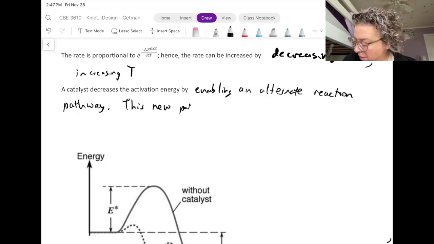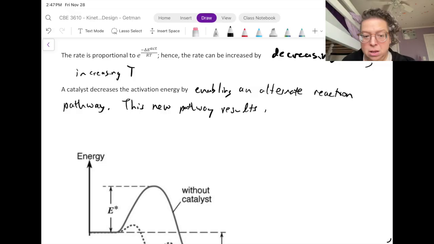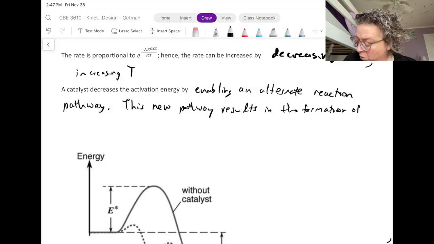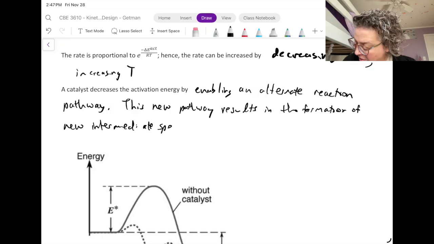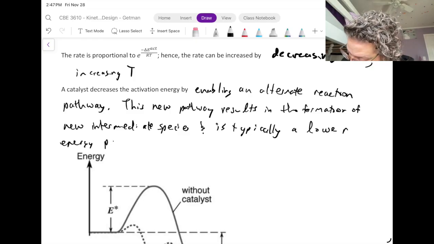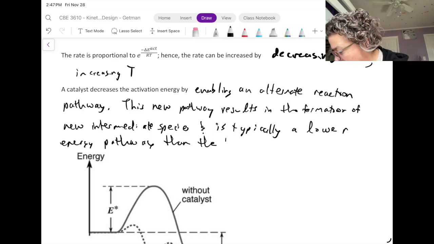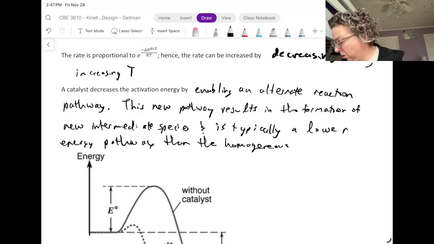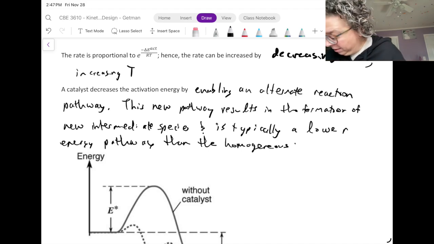This new pathway results in the formation of new intermediate species and is typically a lower energy pathway than the homogeneous reaction. Actually, let's say the uncatalyzed reaction.